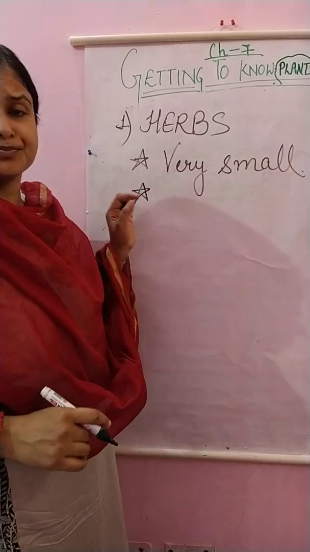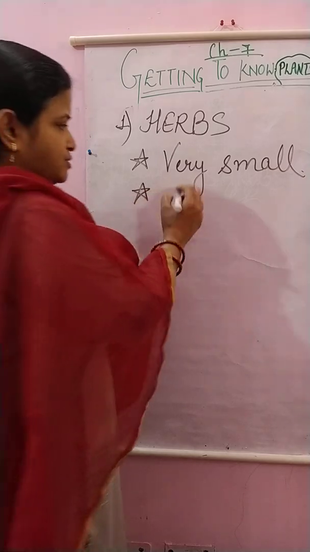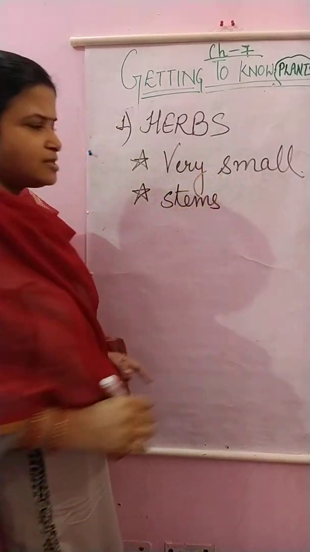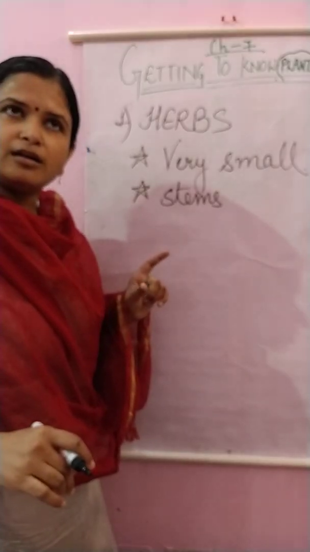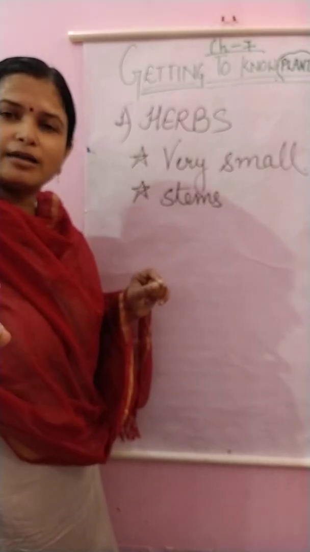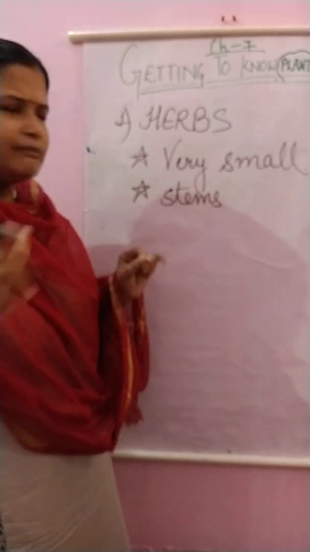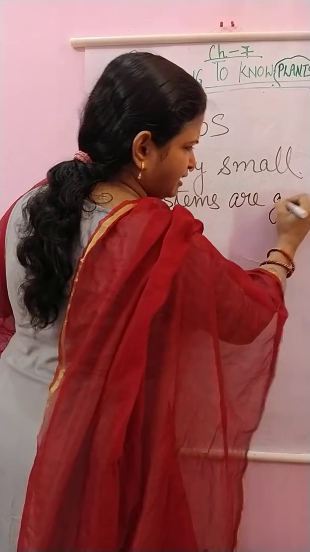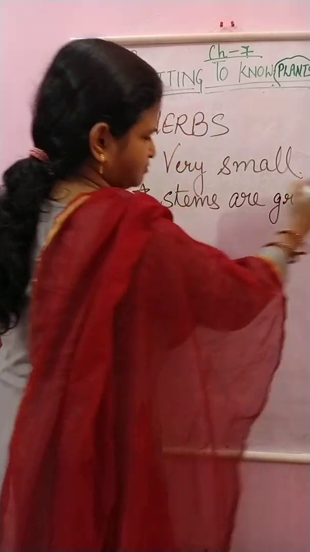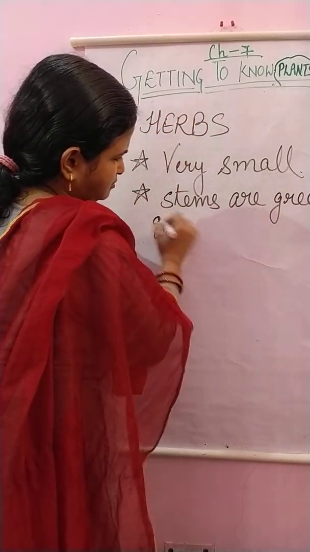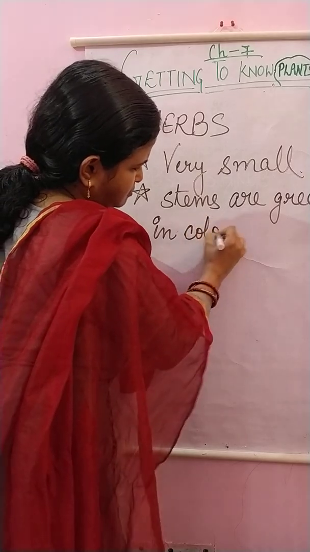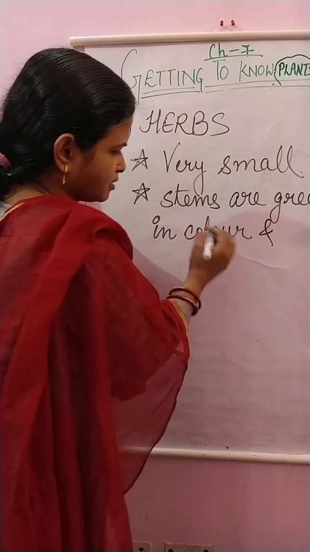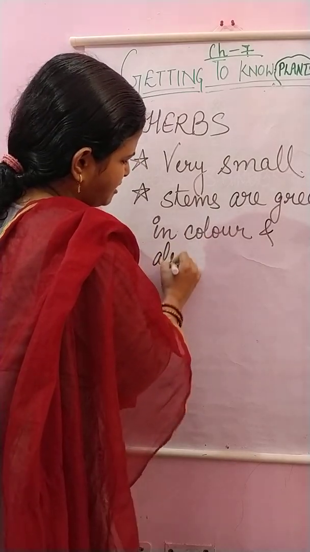Second is their stems. Stems are mostly green in color, and also they are very soft.